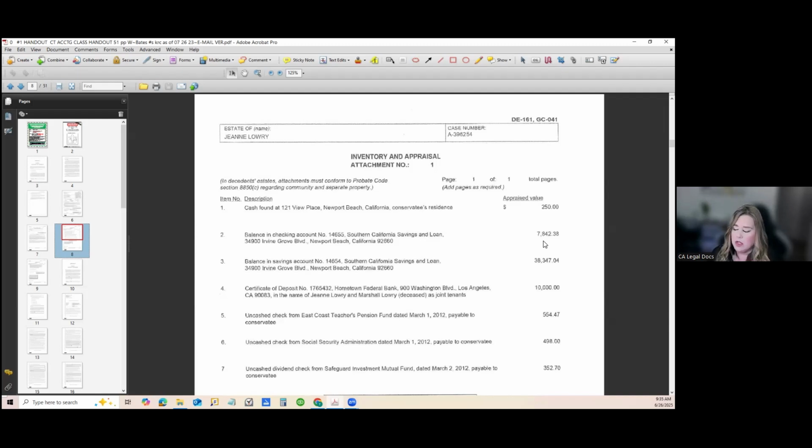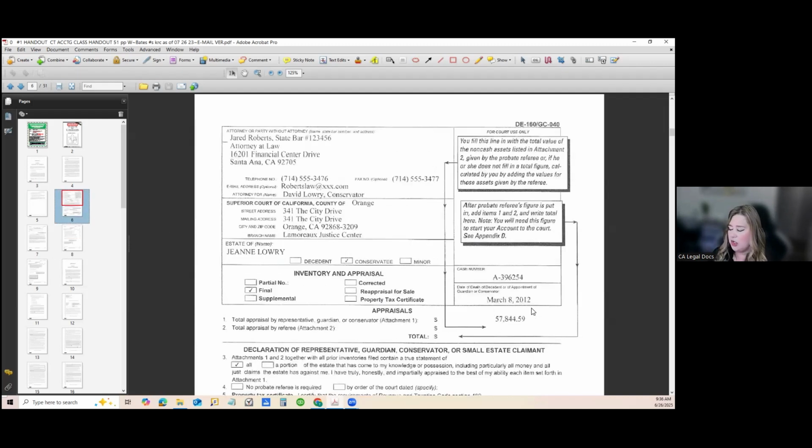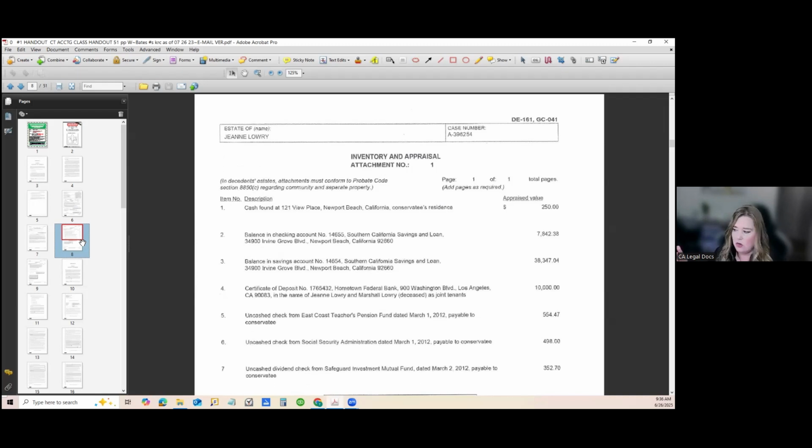Well, banks are so much better now that they usually give running totals on bank statements, because what a lot of people find, which they don't like, is you get a bank statement that goes from the 1st to the 30th. And say your appointment, or your accounting, has to start on March 8th, right? You're sitting there going, how the heck do I know what the balance was on March 8th?